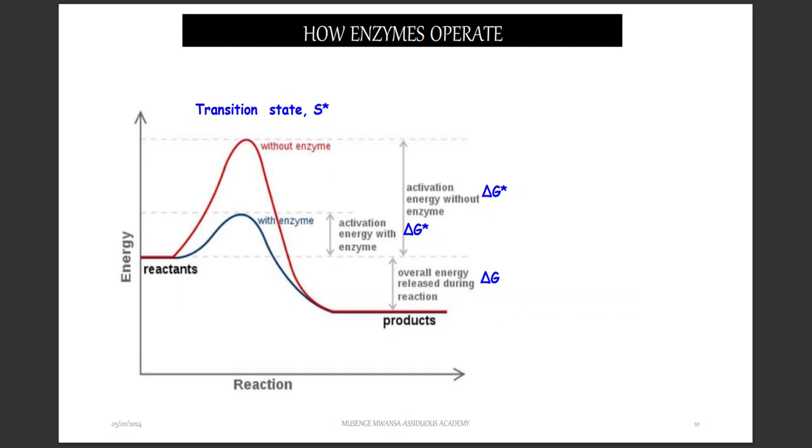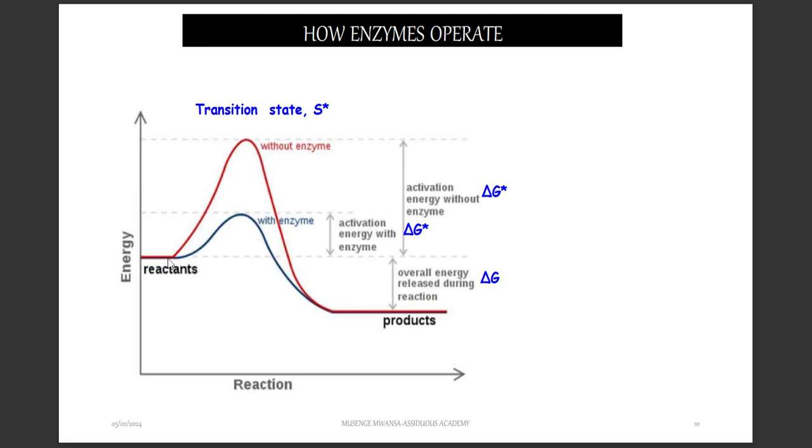Okay. Now, how do enzymes work? This is a question which came up in last year's Bio 1400, I just saw the paper. Enzymes work by lowering the activation energy barrier. You can see the reaction without an enzyme has a very big hill.